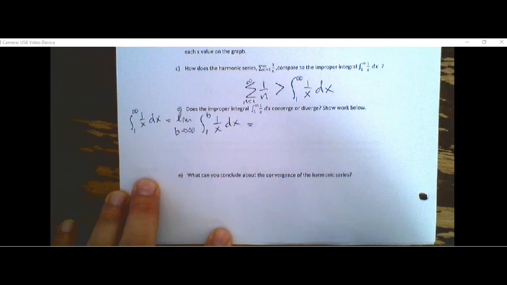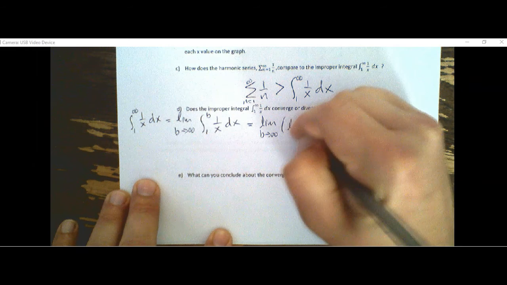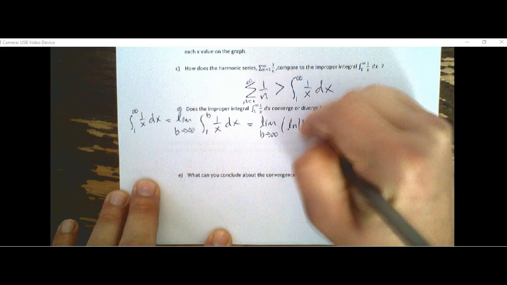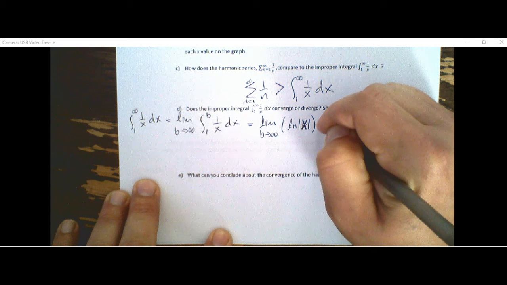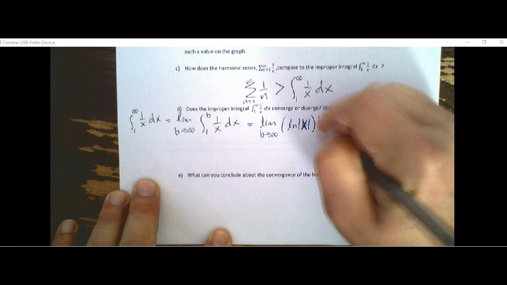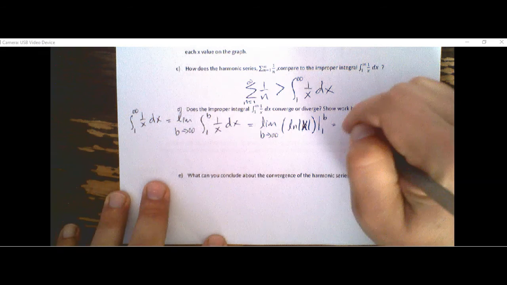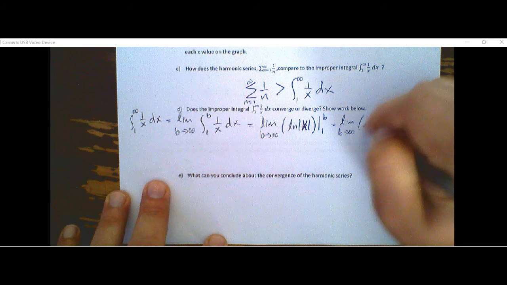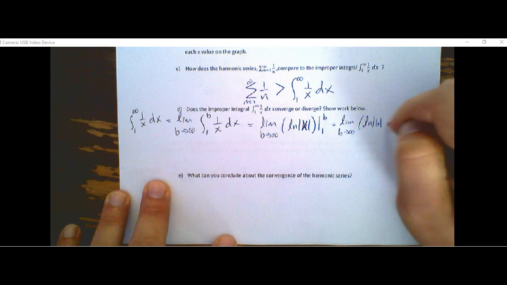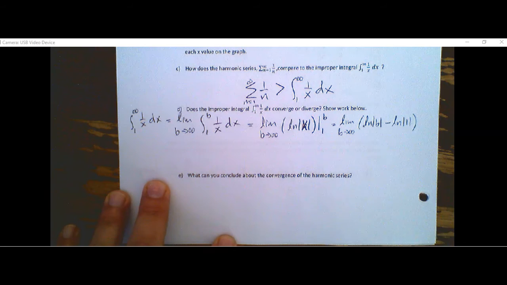This integral is easy, so it's the limit as b goes to infinity of the natural log of absolute x from 1 to b, or the limit as b goes to infinity of the natural log of absolute b minus the natural log of 1. We know the natural log of 1 is 0.